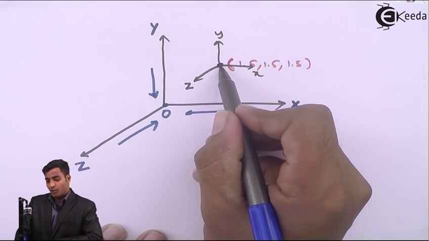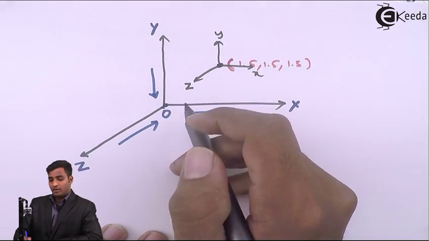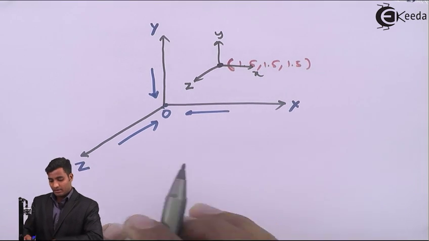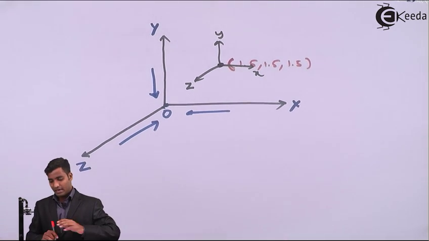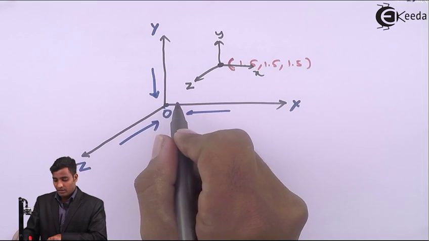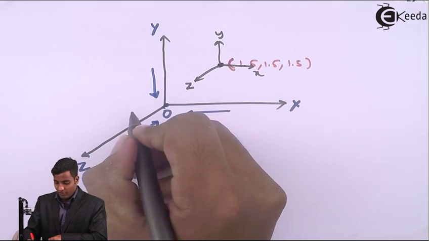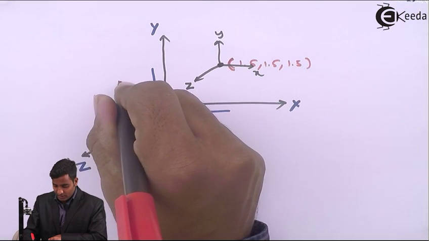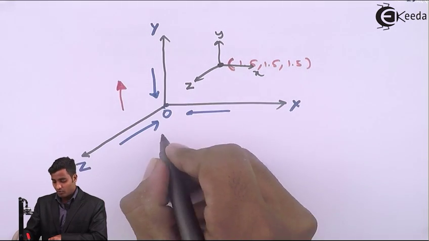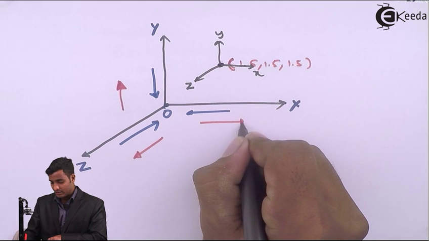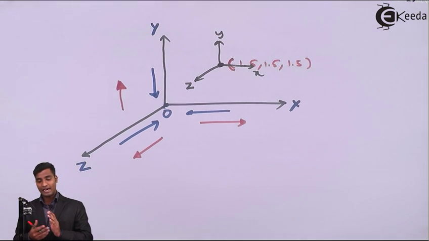While bringing this point to the origin, we were moving in the negative direction, and now the point has attained the origin position. Now we will place it back to its original position. So we have to move in this direction, that is, in the rightward direction.